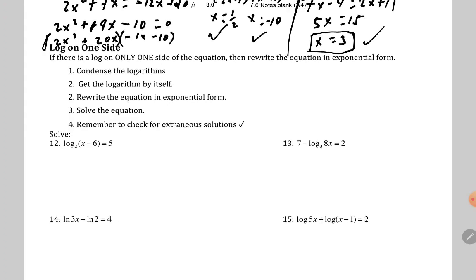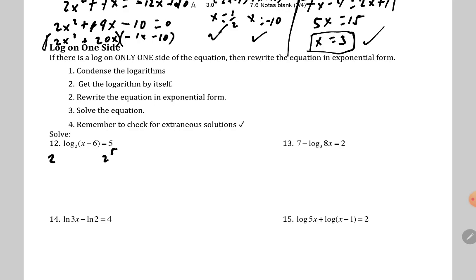So number 12. Okay. So we have log on one side. And what we're going to do is the opposite of log, or the inverse, is to exponentiate. So I'm going to put everything into the exponent spot with a base of 2. So this is 2 to the log base 2 of x minus 6 equals 2 to the 5th.